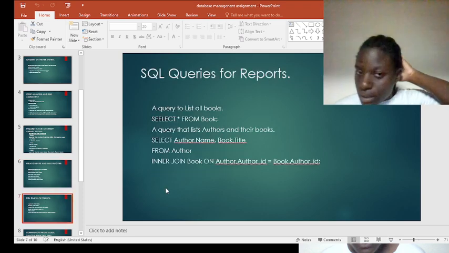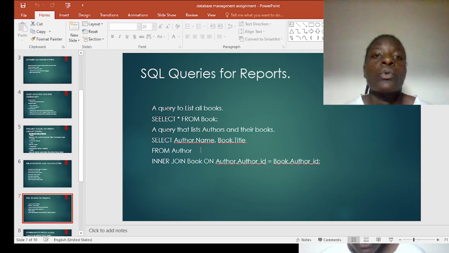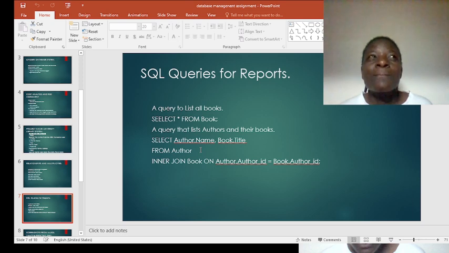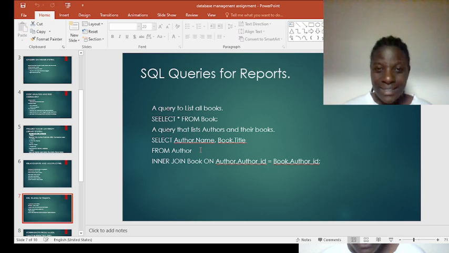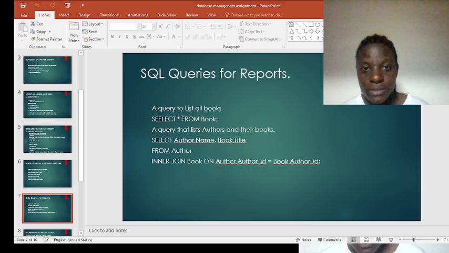And then there are also SQL queries for reports. A query can help you with retrieving data or updating your data in any way. So I've included some queries that may be used for that in my report.